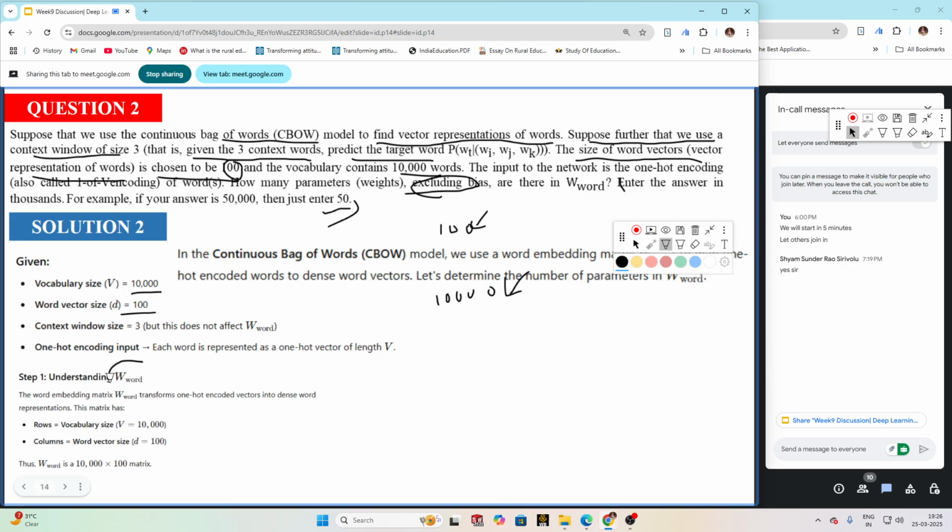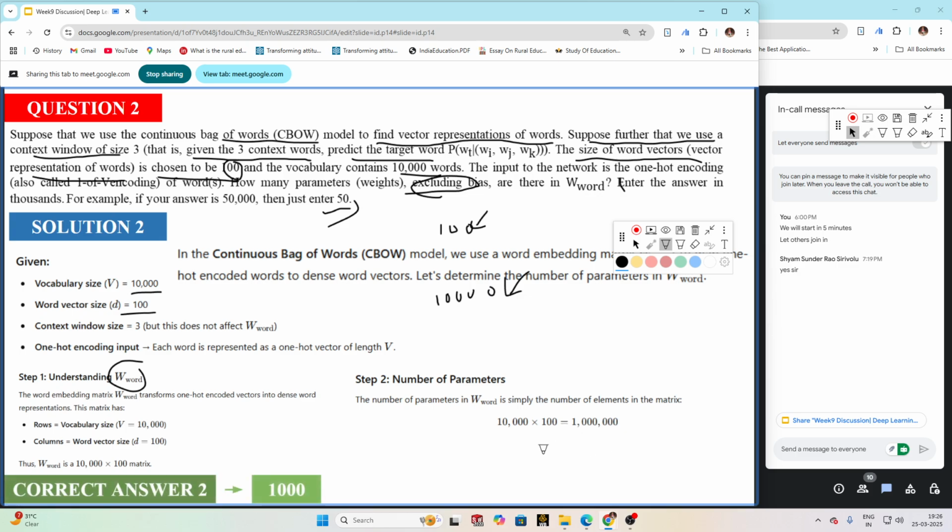Whenever you find the W word, your rows will be the vocabulary size and your columns will be the word vector size. Multiplying them, you get 10,000 into 100 parameters. Because the answer is asked in thousands, divide by 1000, so your answer will be 1000. So 1000 will be your answer. Is this clear to all of you?